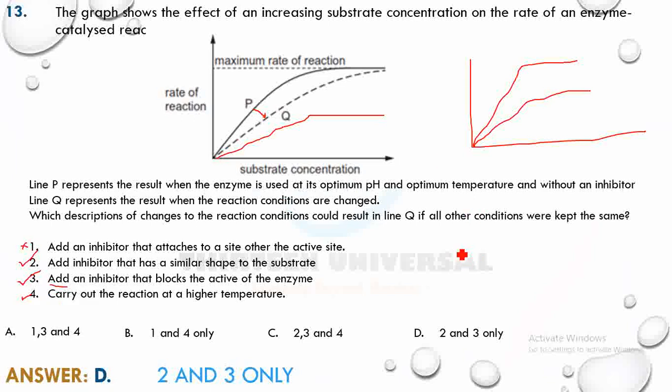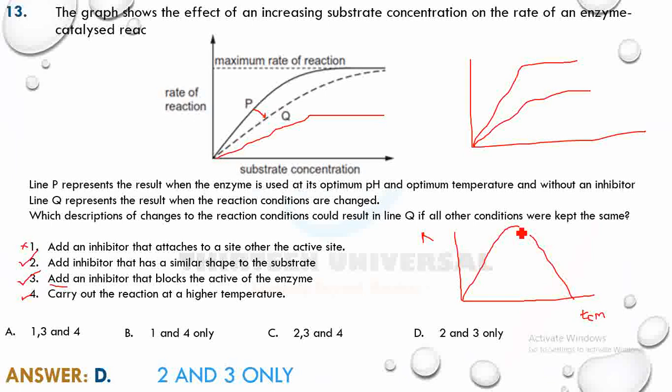Do you remember the graph of temperature? This is temperature and this is rate of reaction. As temperature increases, the rate of reaction increases until it reaches Vmax, the highest, and then continues to decrease.